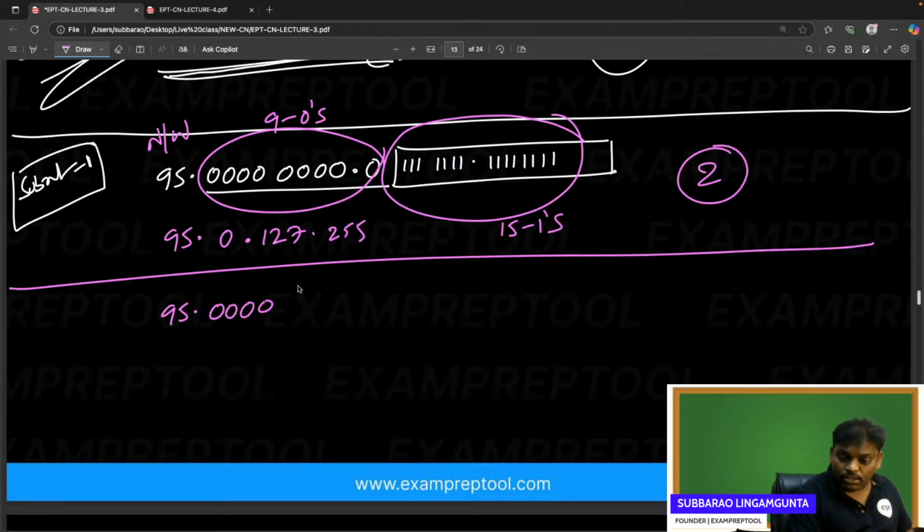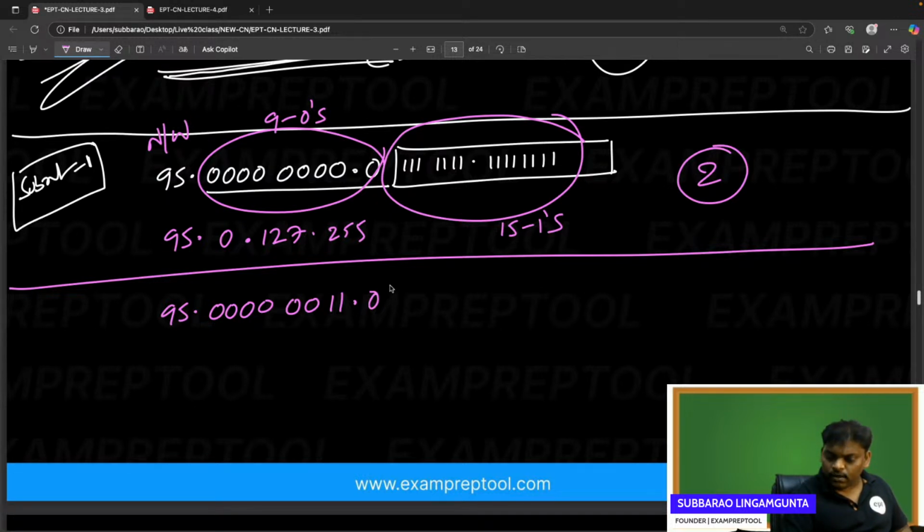95.0.0.0. Remember the 6th one. 6th one means 110, right? This is the 6th one. 110 is asking for the first host.